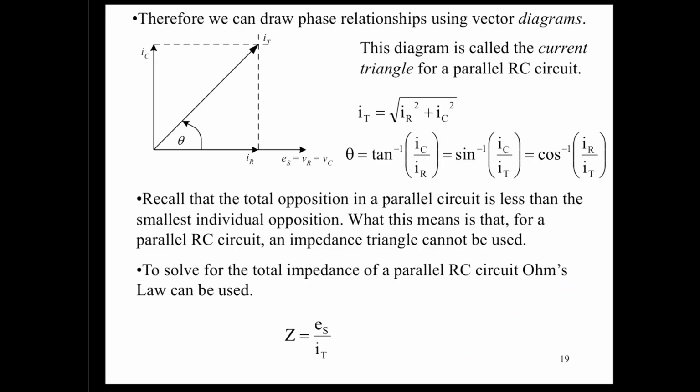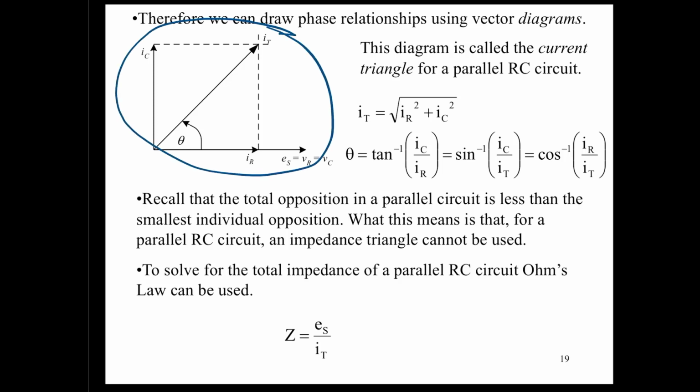Okay, so what does that mean? It means that when we go about solving for unknown values here, when it comes to a parallel arrangement, the quickest and most efficient way to come up with our values of voltage, current, and opposition is through the use of a current triangle.